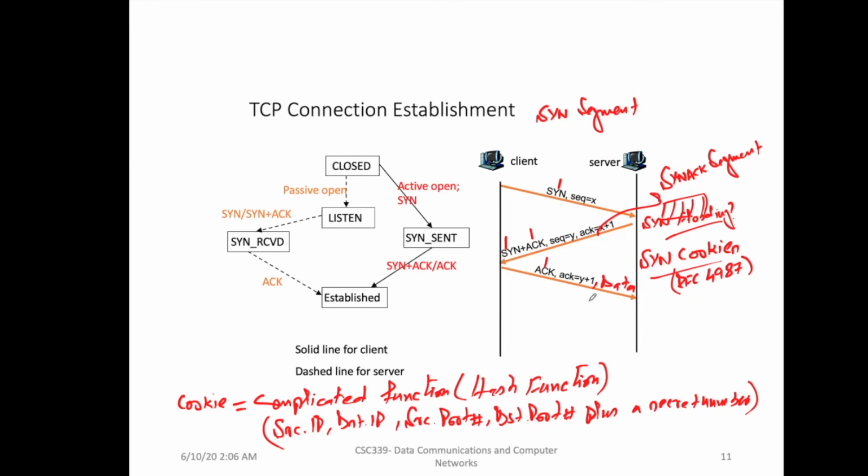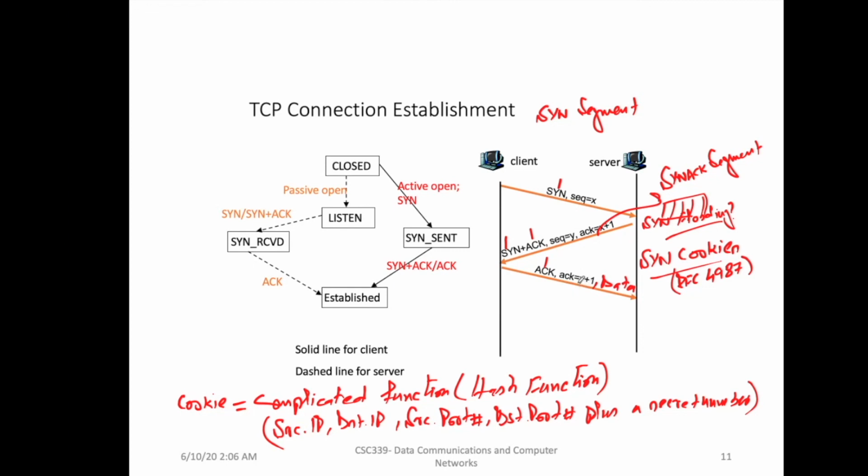But here the question is, how does the server make sure that this response is from the legitimate client? What the server does is that it takes the sequence number, which is obviously the last byte number, y plus 1, because there's no byte here.